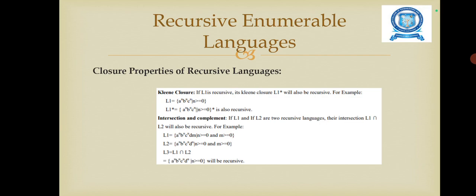L2 says any number of A's followed by a number of B's, followed by a number of C's, followed by a number of D's. Their intersection says n A's followed by n B's, followed by n C's, and then n D's. So it can be decided by a Turing machine, hence recursive.